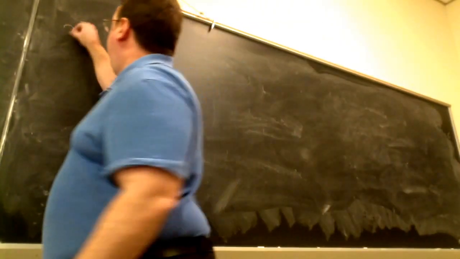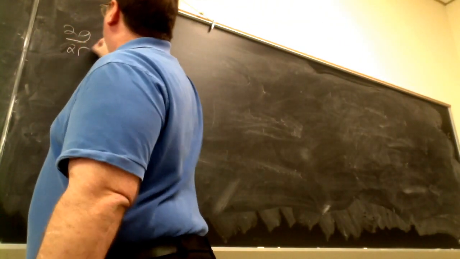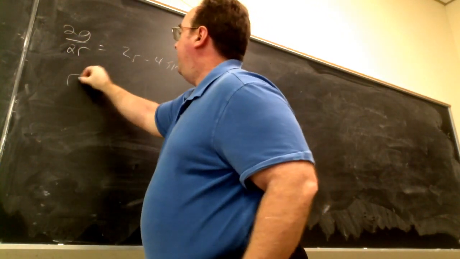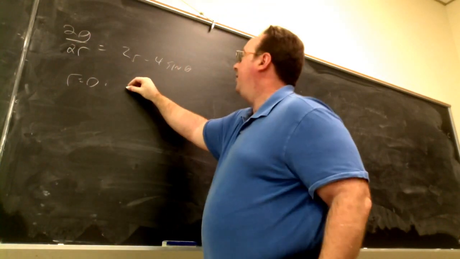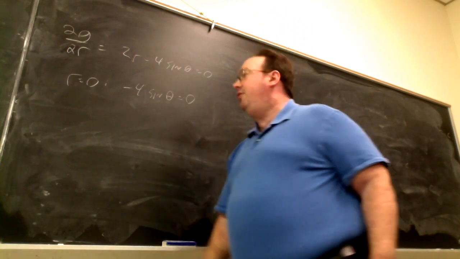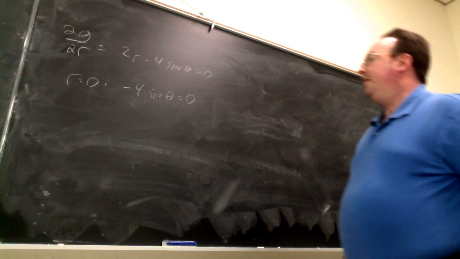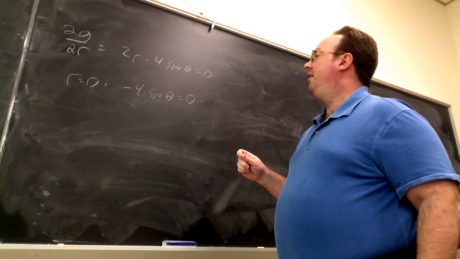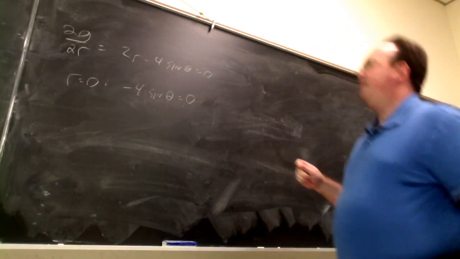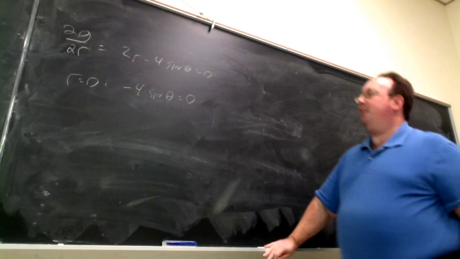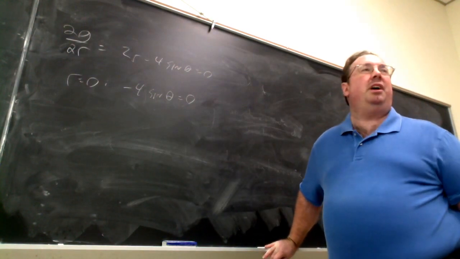All right, so dg dr is 2r minus 4 sine theta. Okay, so if r equals 0, we just go ahead and plug it in. We get minus 4 sine theta is 0. Actually, this isn't even necessary, because if r equals 0, where are we in the plane?